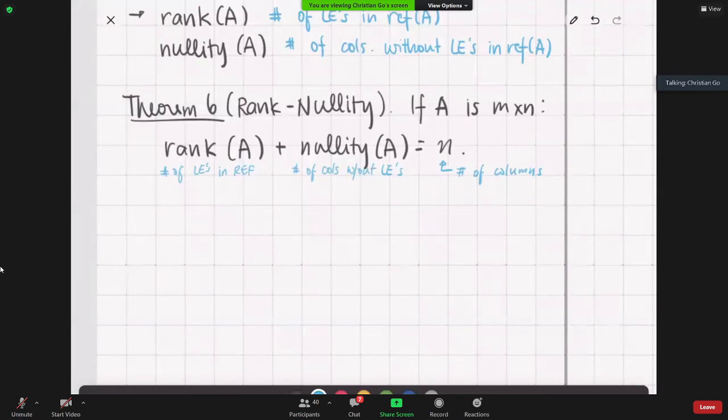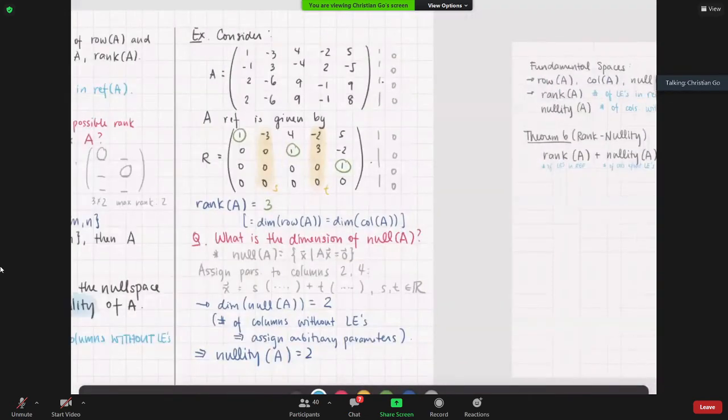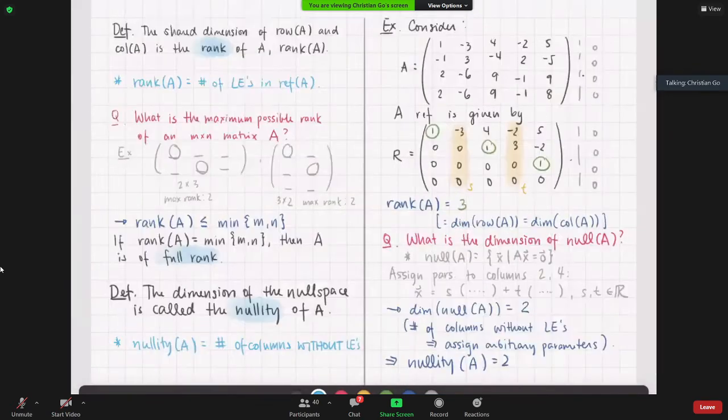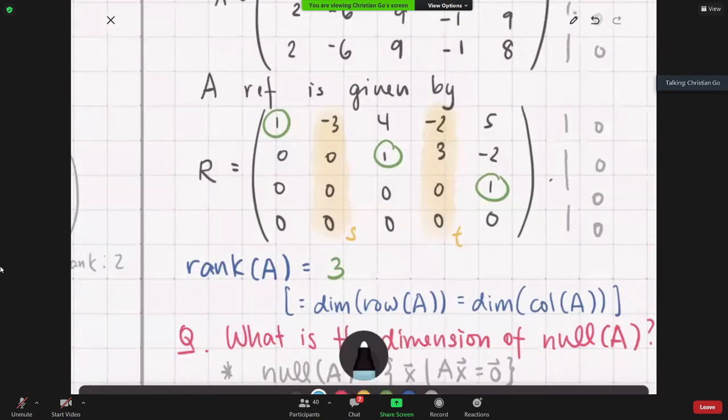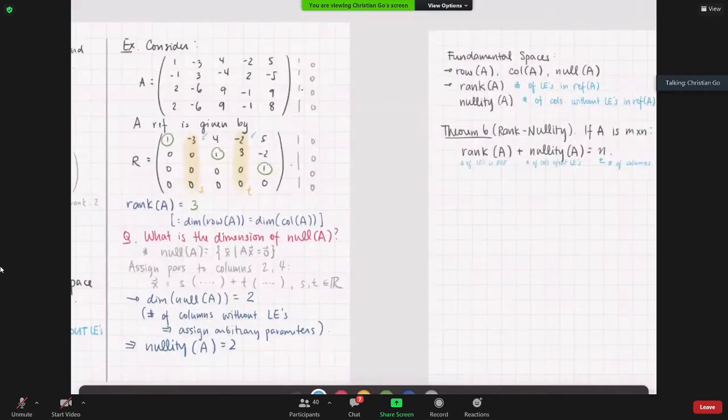But if I'm counting non-leading entries, the only reason I care about the columns is because that's where I assign my parameters. I can count the rows without leading entries. In this case, for example, there's one row without a leading entry, but that doesn't really give me any information about solving a homogeneous system. When I solve a homogeneous system, what I really want to find are the columns without leading entries. All right? Does that make sense?